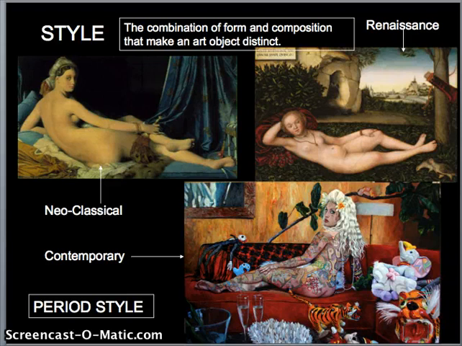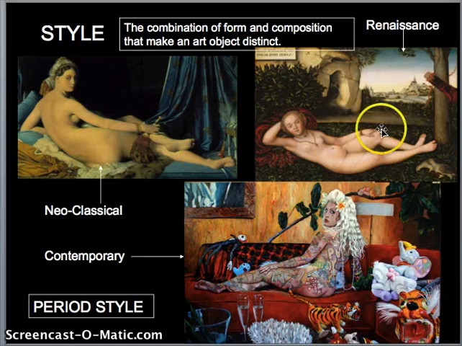So for instance, I've chosen this subject matter of the reclining nude, and I've picked out different periods of the same subject matter to show you how style varies from different periods.